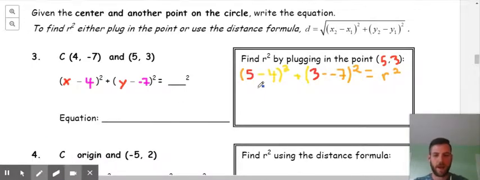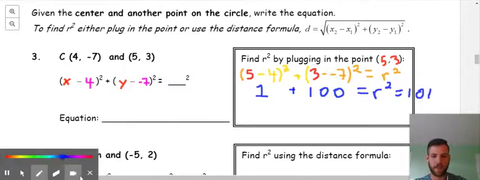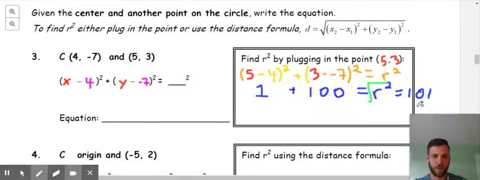We can evaluate each of these parentheses. Our first one ends up being equal to 1, and then our second one ends up being equal to 100, meaning that r squared is going to be equal to 101. And we just need to find the square root of both sides. Square root, the r squared would be r.